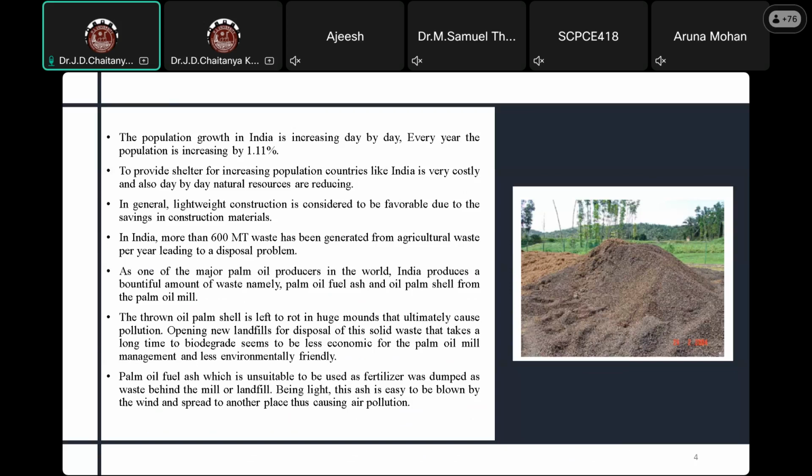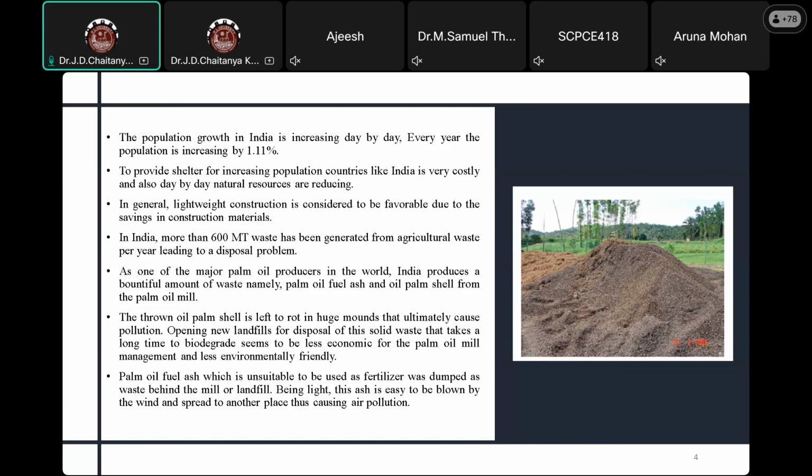For example, in a sugarcane factory they have to run boilers, so they need some fuel, and they use this shell as fuel. But after burning the shell, ash comes out, like your fly ash, and that ash again pollutes the air.